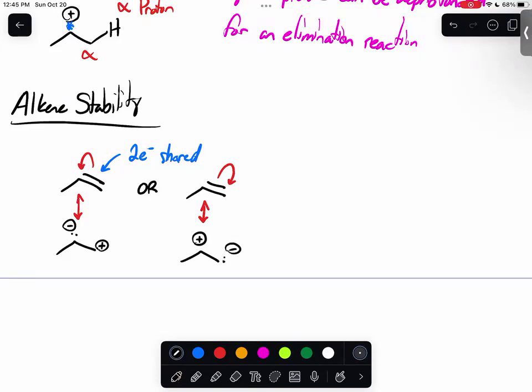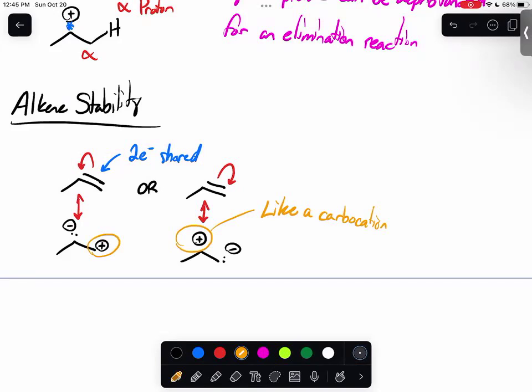And essentially what we see is these are not made the same, right? Because in both cases, we have what is essentially like a carbocation, right? And if it's like a carbocation, it can be stabilized by hyperconjugation.